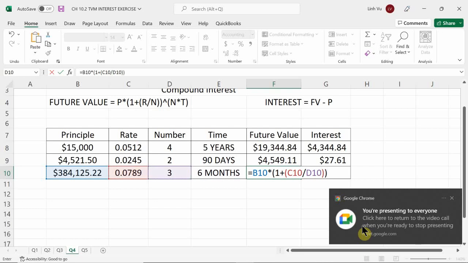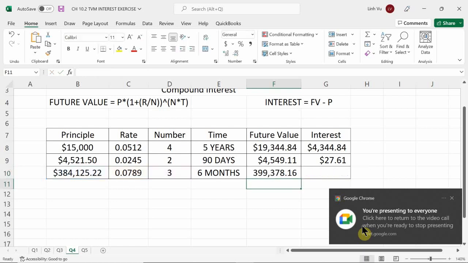In this case, I don't have 3 years. I have 6 months, so it's going to be compounded every 2 months, right? So then you have the N, so 3, and 6 months out of 12 months a year is going to be 0.5.